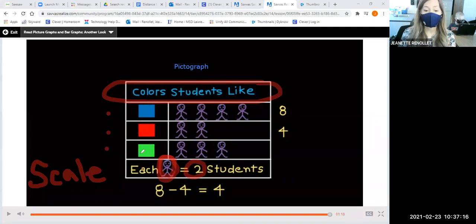When I look at how many students like the color green, I can skip count by 2s because each picture equals 2. 2 students, 2 more students, 2 more students. 2, 4, 6 students say they like green. This is what we're going to practice today as we look at using graphs with a scale different than 1.